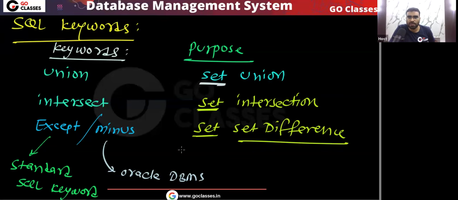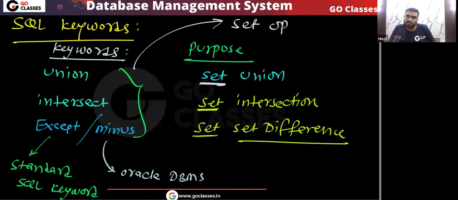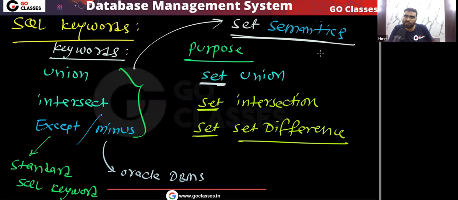So remember, these keywords will remove the duplicates. They will treat the table as if it doesn't have duplicates. So they are set operations. They will use set semantics.